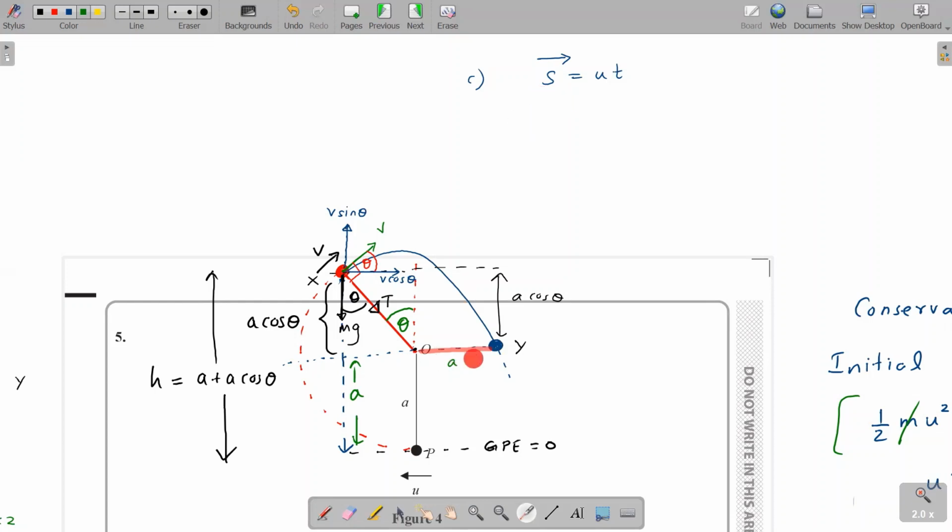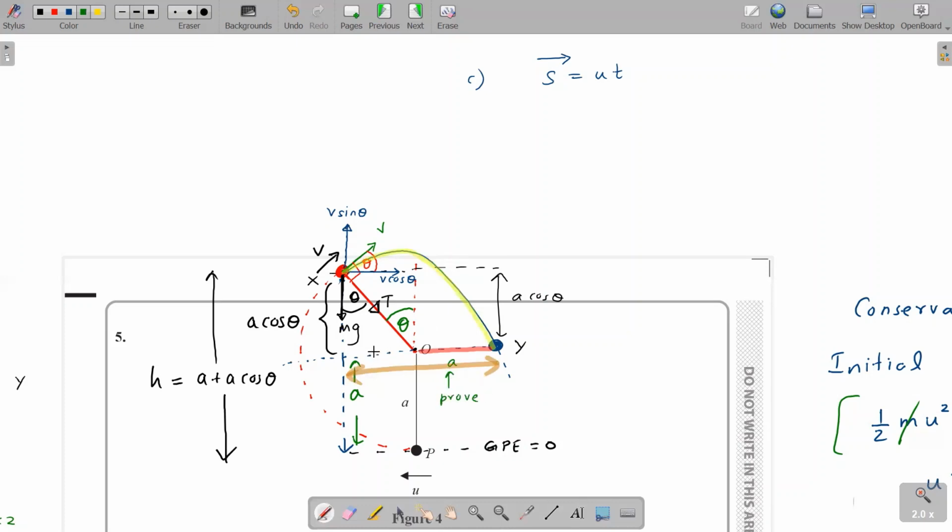Is it only just this A? No, you also have this distance that you're traveling. When you travel from here to here, your horizontal displacement is this. I'm marking it in brown. So this is your horizontal displacement, and this distance is what you need to prove as A.